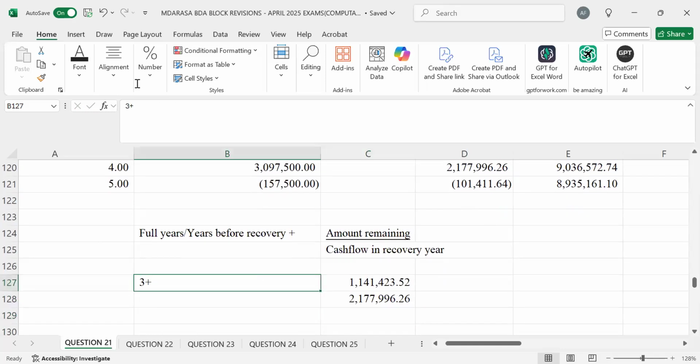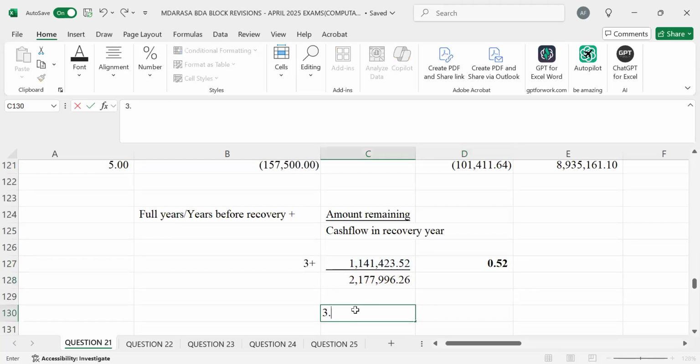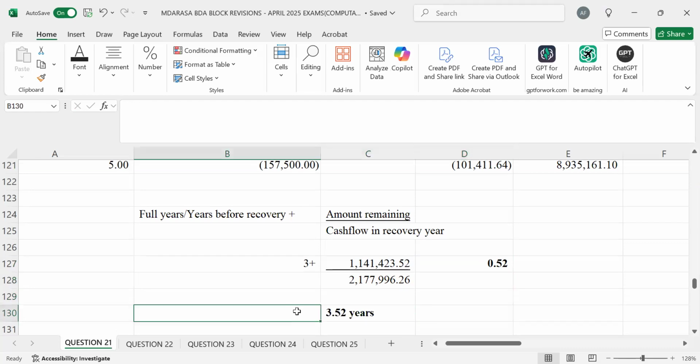So at the end of the day, what will we have here? We take this value, divide by that, and we have 3.52 years as the discounted payback period. We're using discounted cash flows.